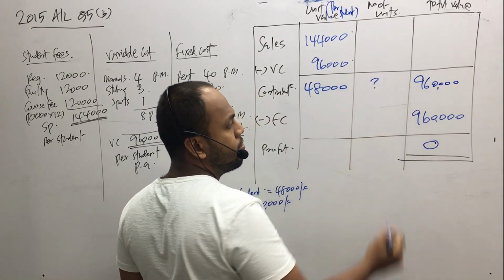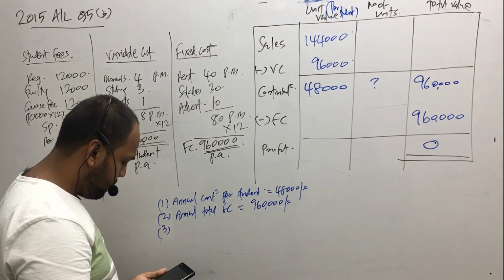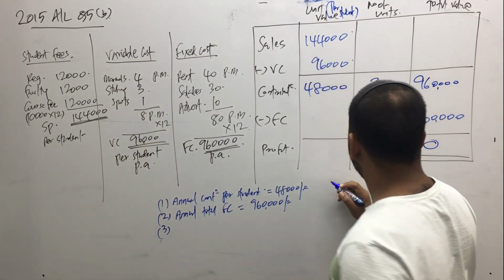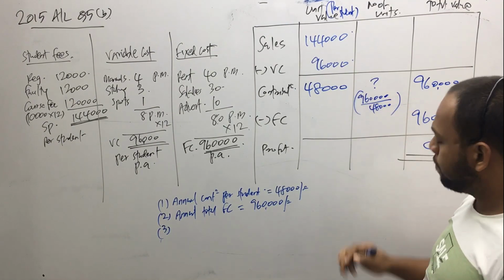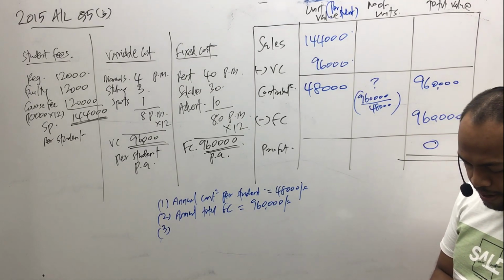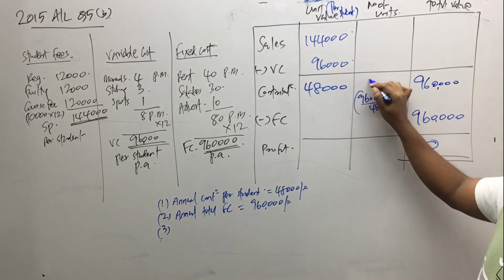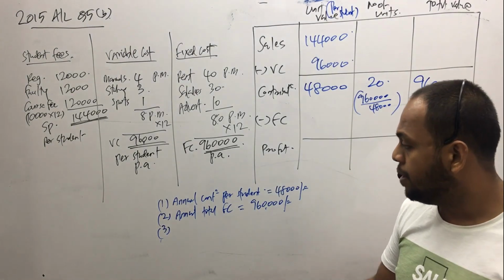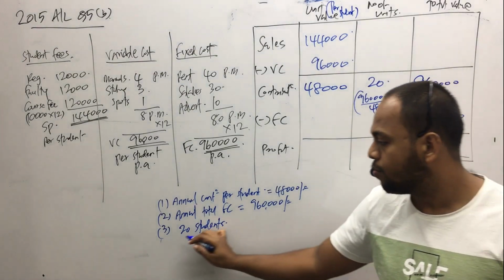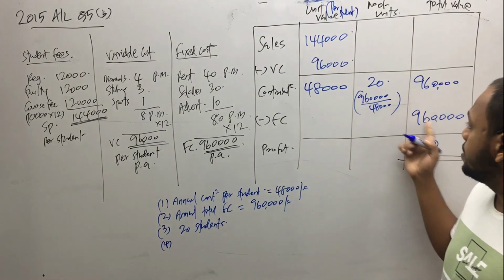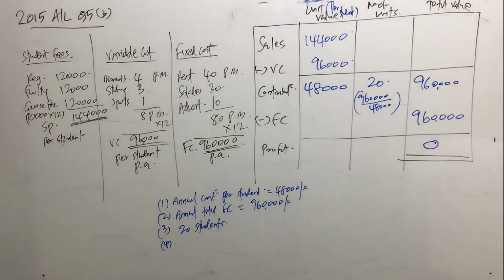Then how many students do you need? 960,000 divided by 48,000 is 20 students. So we need minimum 20 students to cover the cost. Right? Okay. So we move on to the next.